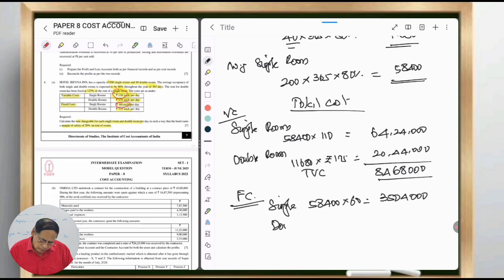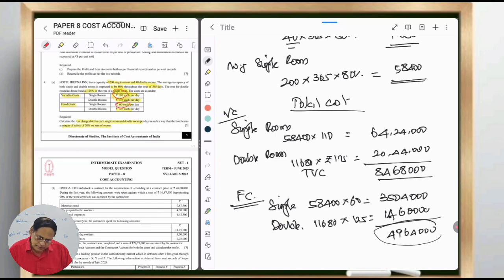And then double room, 11,680 into fixed cost 125, that is 14,60,000. So if we add 14,60,000 and 35 lakhs 4,000, the total is 49,64,000. So total fixed cost 49,64,000.